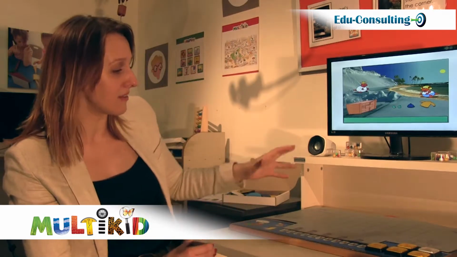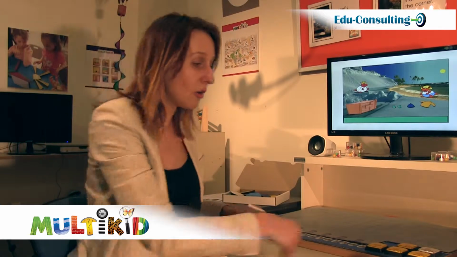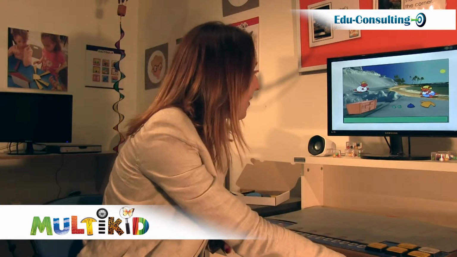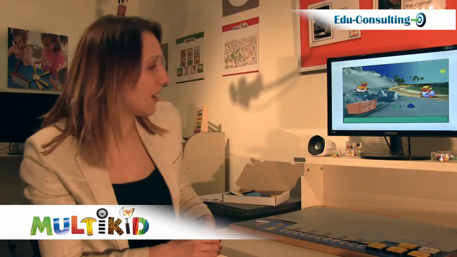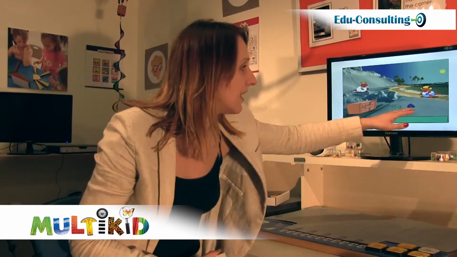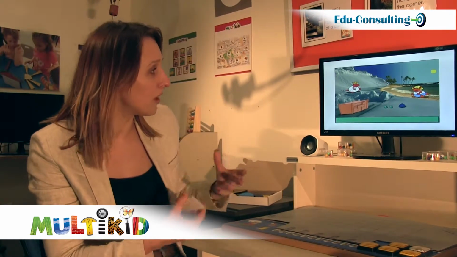It is important to say about Multikid that it can be used with our interactive keyboard or with a simple mouse. Based on this activity, we first discuss with kids what the names of the clothes are that they see, when they wear those clothes and how they are used.